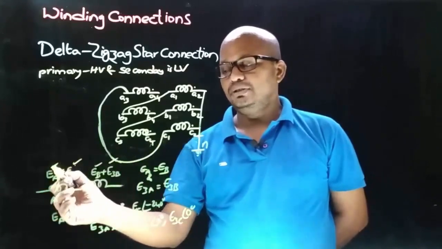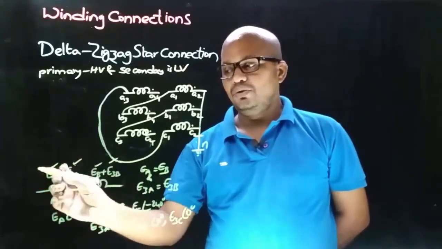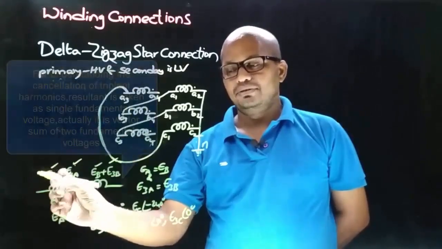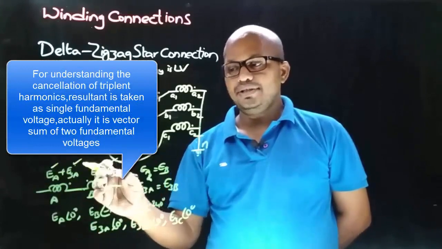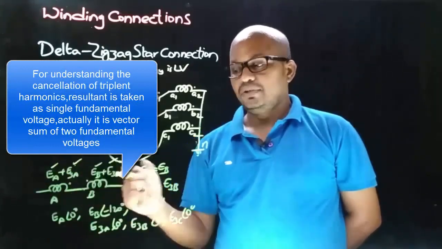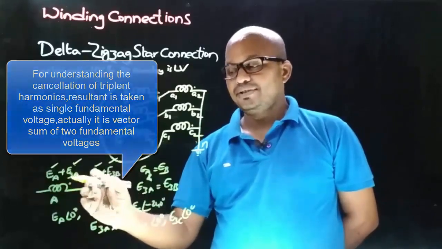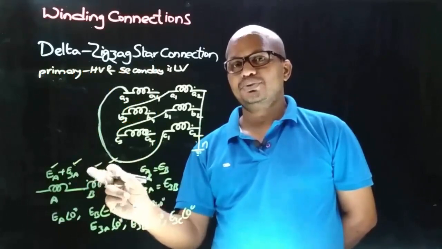But coming to the fundamental induced EMFs, at that instant only EA is present, therefore the resultant voltage will be EA, and after 120 degrees there will be EB, so now the resultant voltage will be EB. Therefore, if we connect two different phase coils in phase opposition, only the triplet harmonics are reduced to 0.